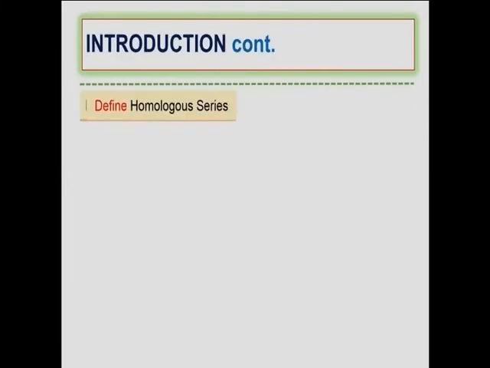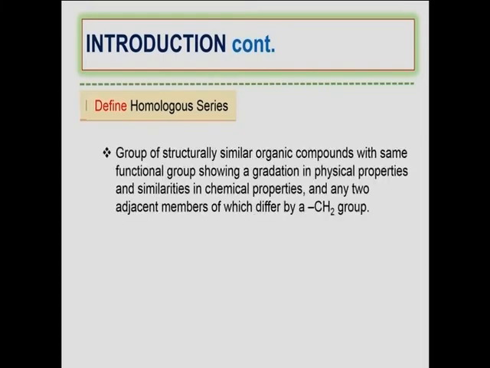Having gone through the properties of homologous series, by this time you should be able to define what is homologous series. Yes, dear students, what is homologous series? Homologous series is a group of structurally similar organic compounds with the same functional group showing gradual change in physical property.